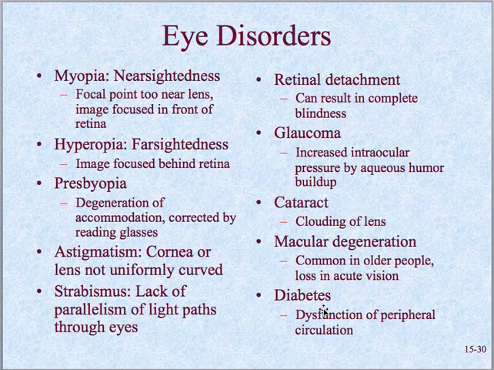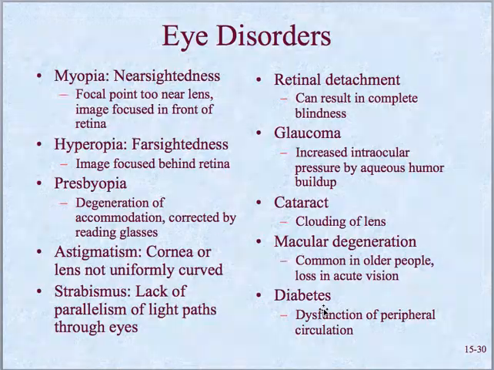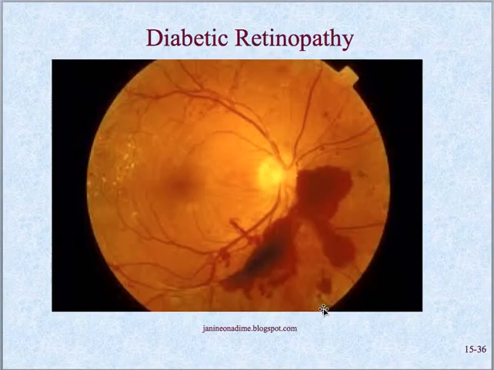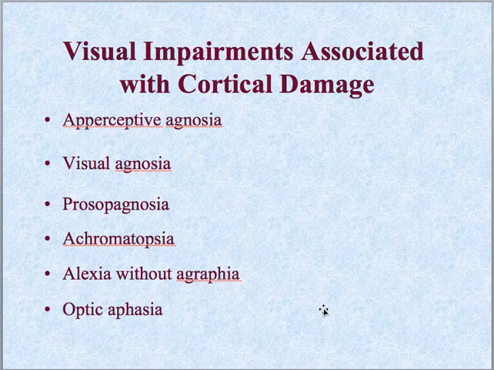Okay, last we're going to turn to slide number 38. Okay, here, now, visual impairment associated with the cortical. So we're seeing damage to the cortical area and to the occipital area. And so these are the different types of cortical damage associated with that.